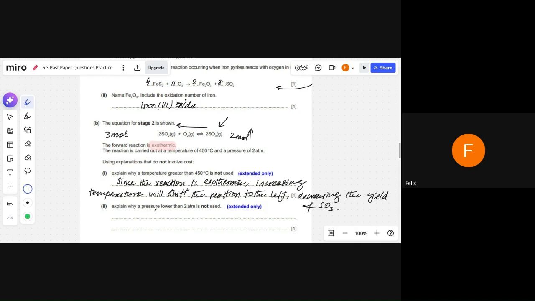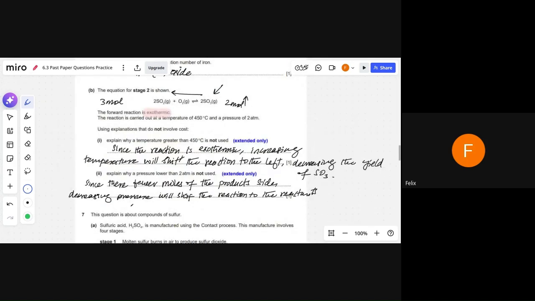So you can say that since there are fewer moles on the product's side, decreasing pressure will shift the reaction to the reactants, decreasing the yield of SO3. So I hope this is clear.